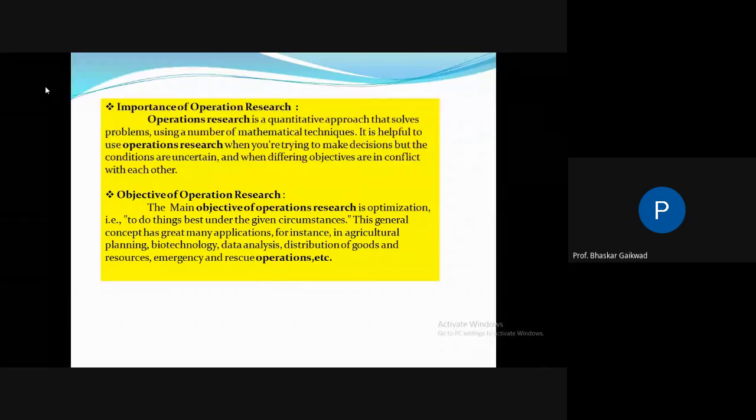So while taking any decision, it is helpful in deciding whether we go with the current process or have to change that process. The things will be there, but the conditions are uncertain. Suppose production is going on within 8 hours, how much production will there be?